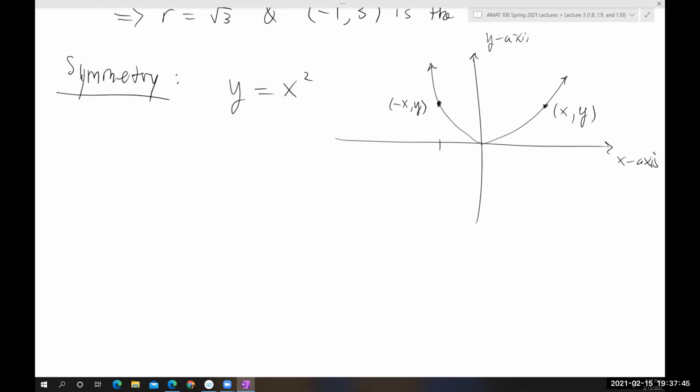I'm going to write down a definition to give a generalization of this notion of symmetry. Then we'll have two other symmetries that are basically similar.